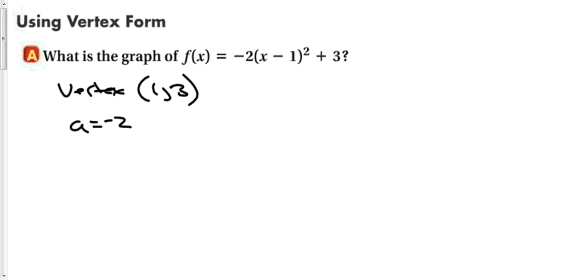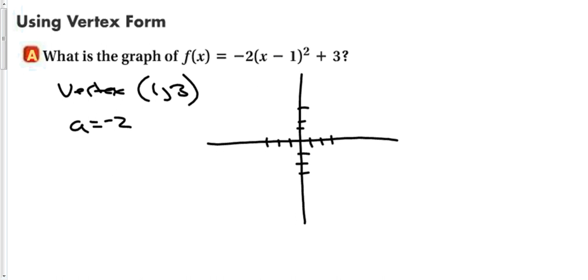If I were to graph this, I would plot my vertex first. Without a nice graph, it's not going to be pretty. So 1, 3, that's my vertex. I know it's going to open down, and I know it's going to be stretched out.